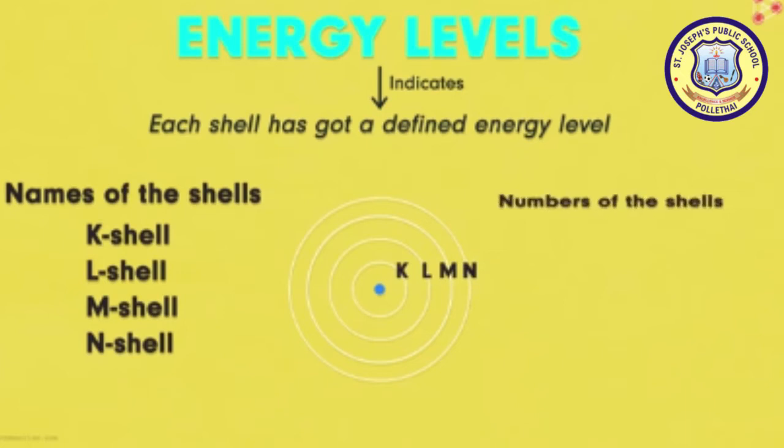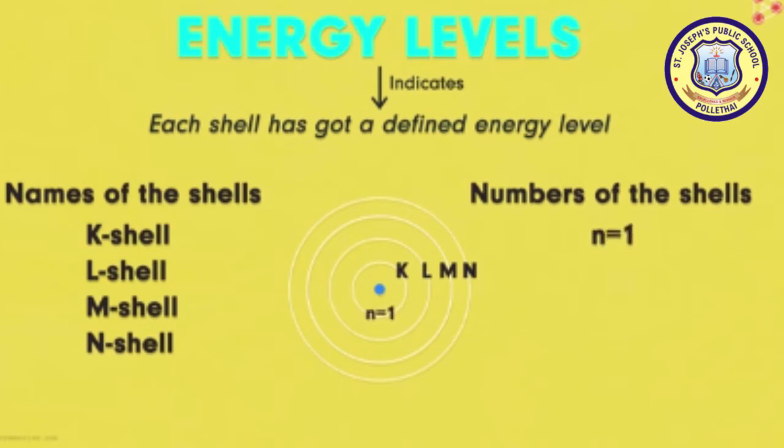Then how he gave numbers to the shells. For the K shell, n is equal to 1. For the L shell, n is equal to 2, for the M shell n is equal to 3, for the N shell n is equal to 4, etc. Understood?